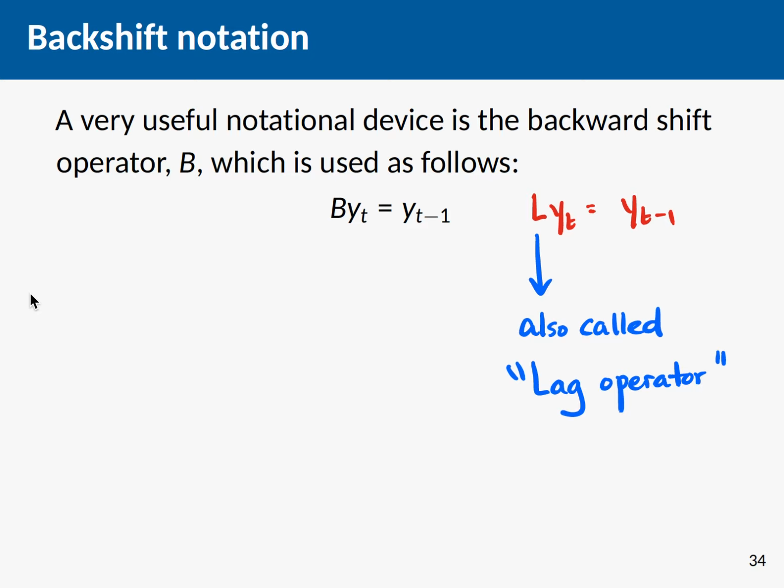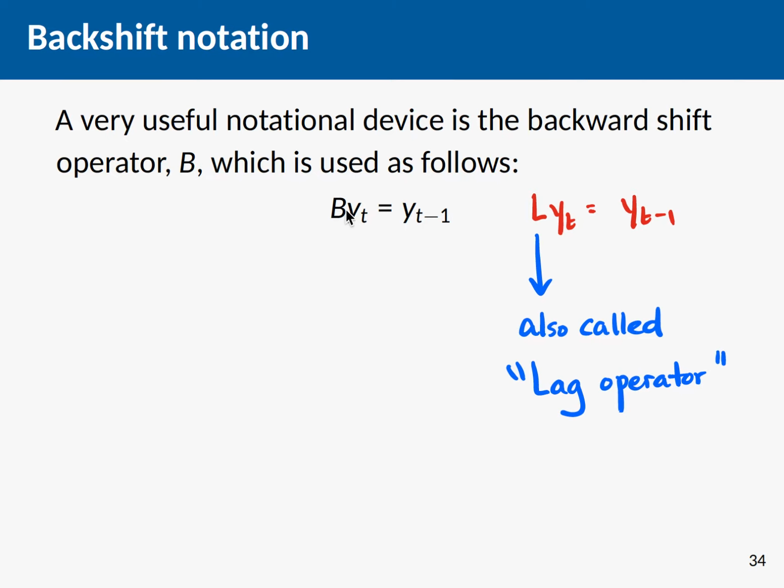In time series, there is something known as backshift notation, which is a very useful device to represent the lagged values of a time series. The backward shift operator is represented by B, and B acts on yt, which is your time series of interest.